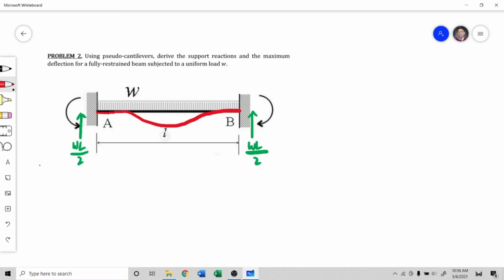Then it will reach its maximum at the midspan. Then it will slowly flatten out again. So itong ating maximum deflection again should occur at the midspan dahil symmetric yung ating loading. So this is L over 2 and L over 2.